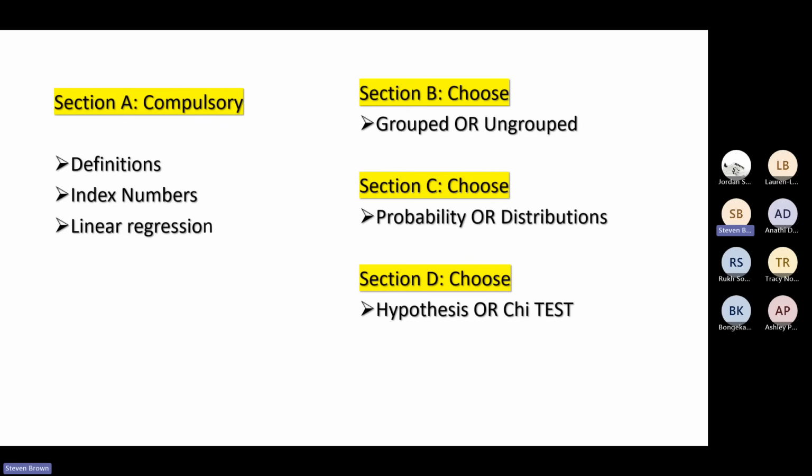So class, you're going to use your rules of probability, the addition and multiplication rules, which are not going to be given to you in your formula sheet, so you must know them.